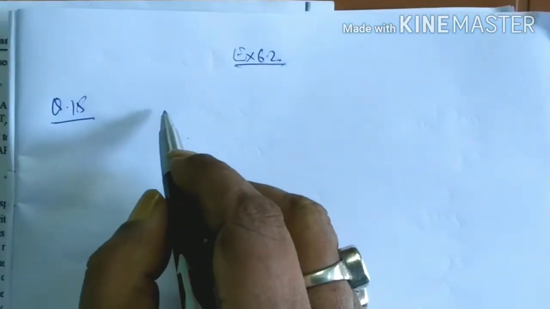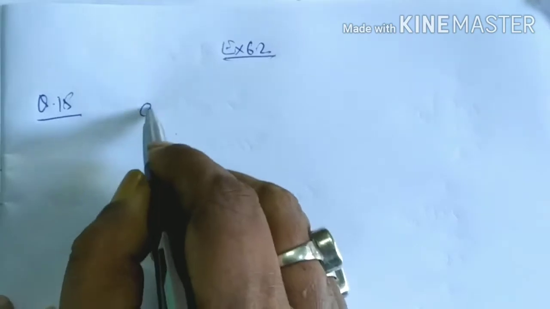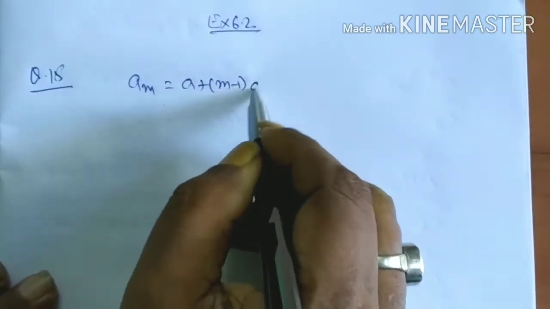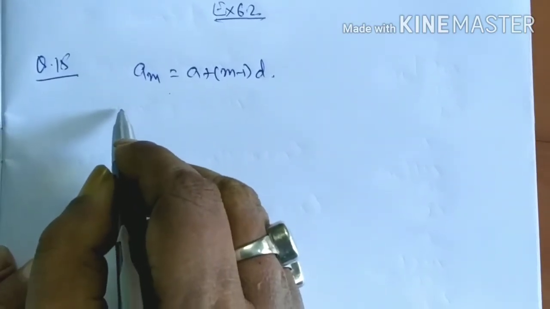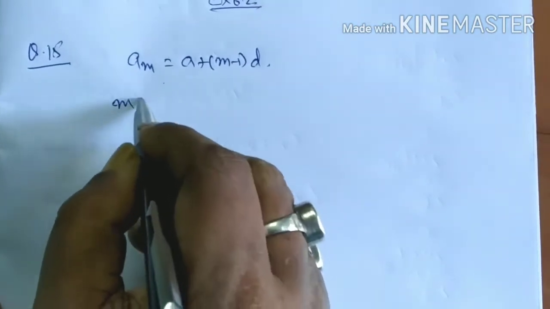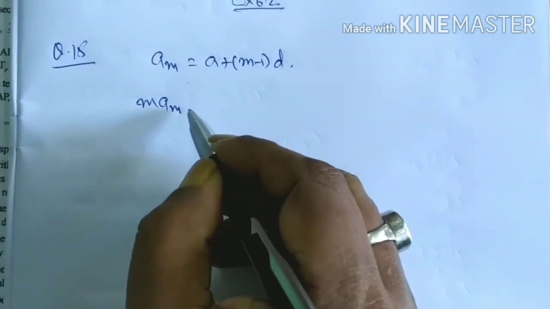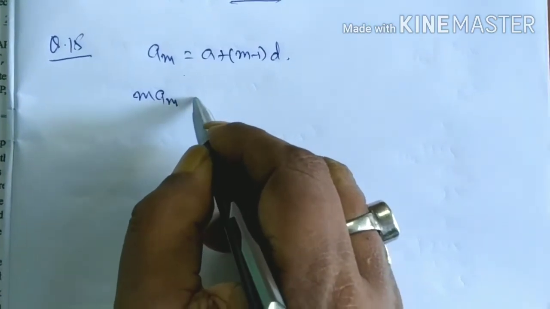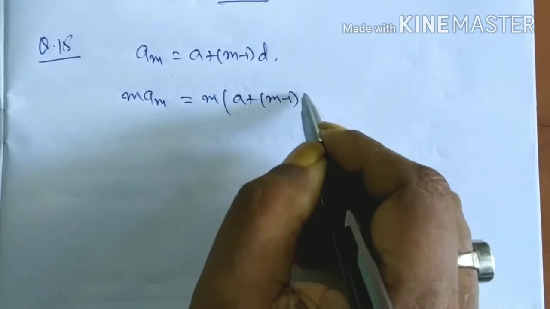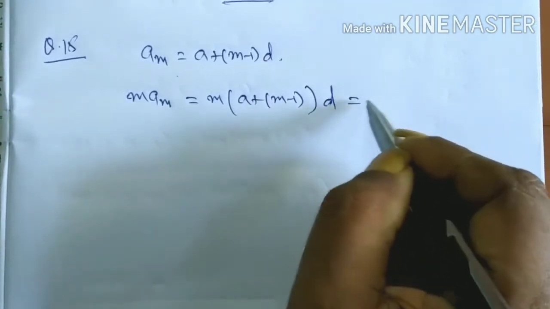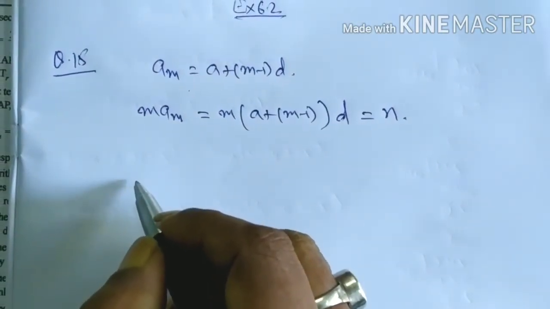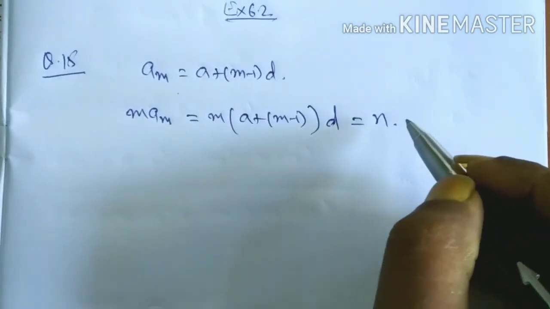Here it is given, m times the mth term, am, is a plus m minus 1 into d.